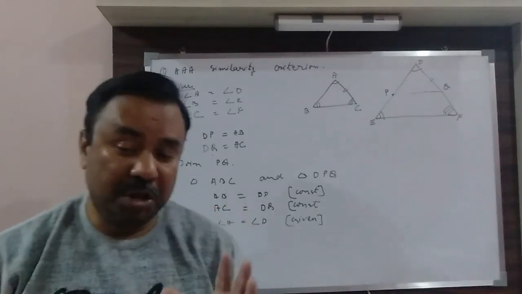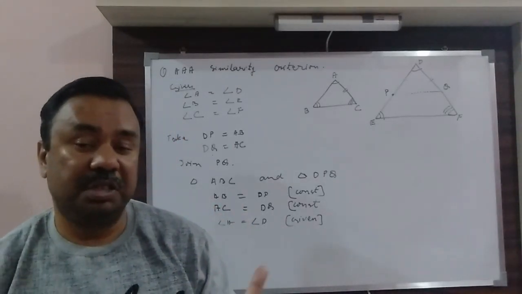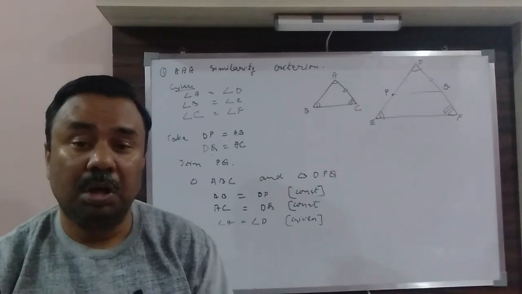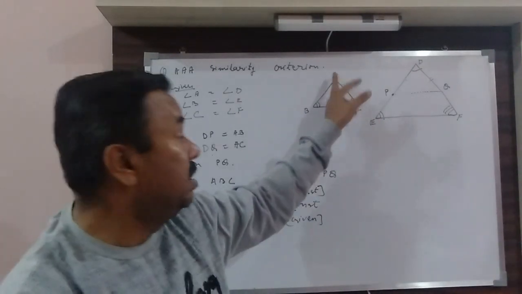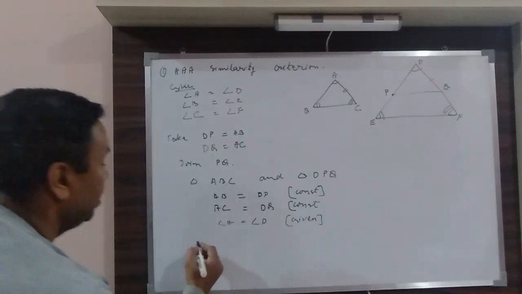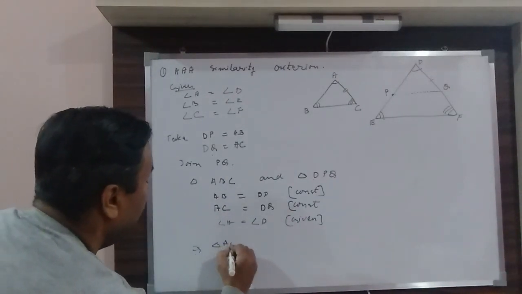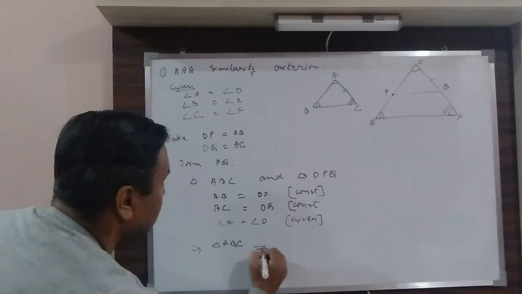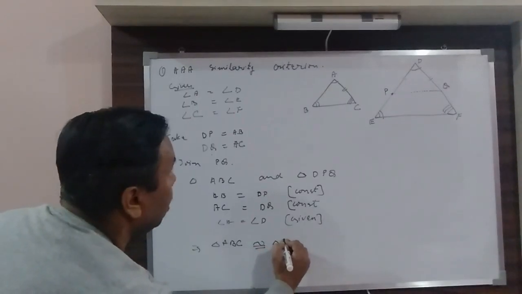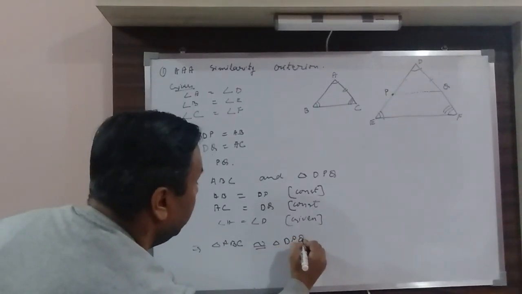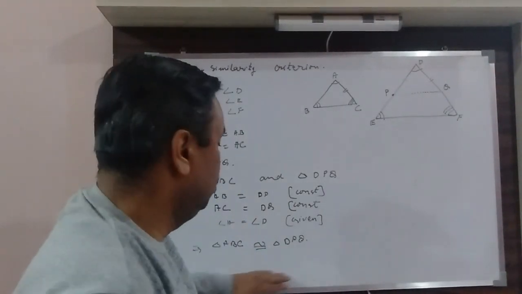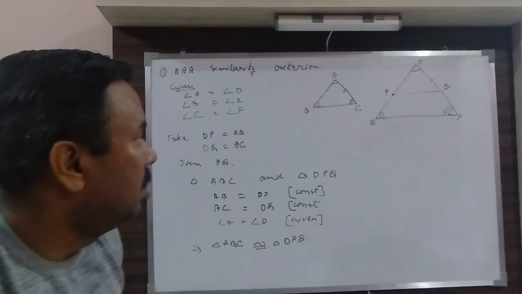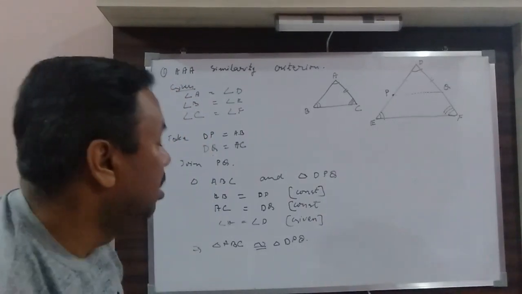Now remember what you have studied in your previous classes, the rules for congruency. SAS congruency rule. So I can say that triangle ABC is congruent to triangle DPQ. And if this is so, what do you mean by this?